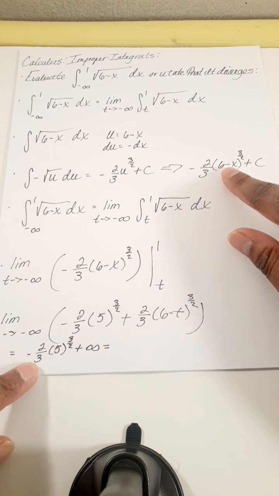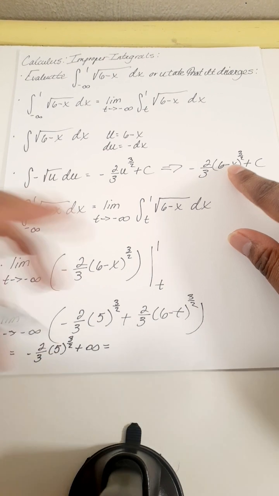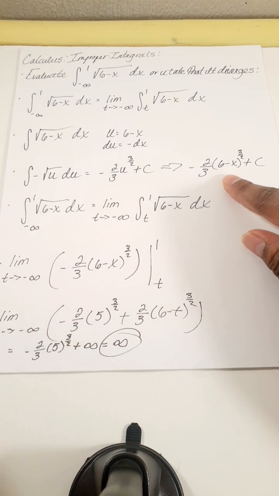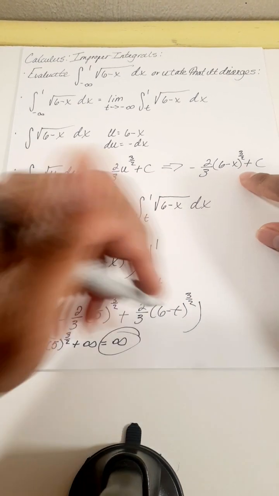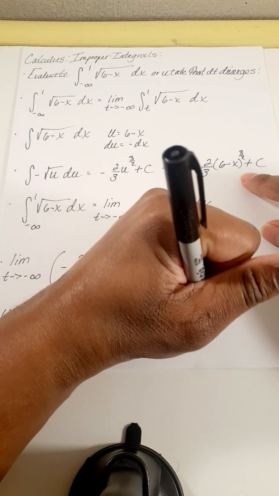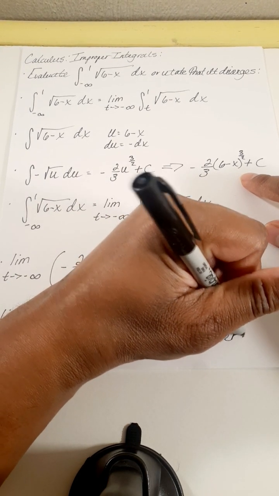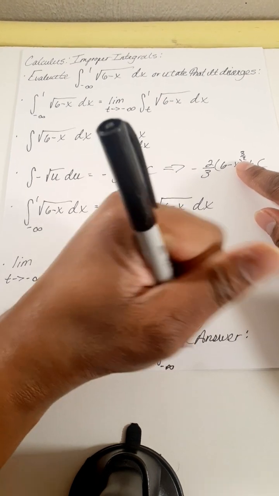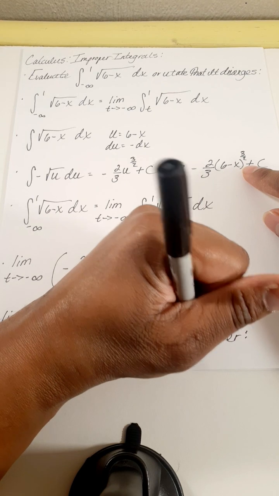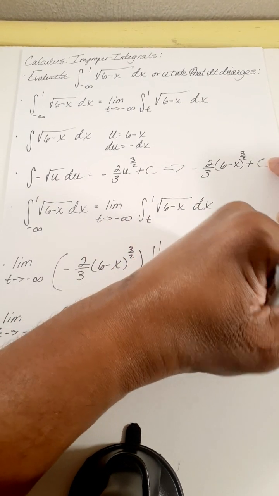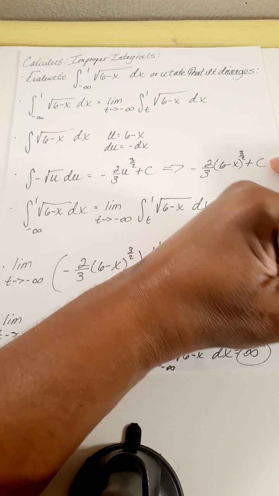Negative 2 over 3 times 5 raised to the 3 over 2 plus infinity is just infinity, which means the entire value of the integral is infinity, which means this improper integral diverges. So for your final answer, when we were asked to evaluate this improper integral from negative infinity to 1 of the square root of 6 minus x dx, this improper integral equals infinity, which means it diverges. So that is your answer.